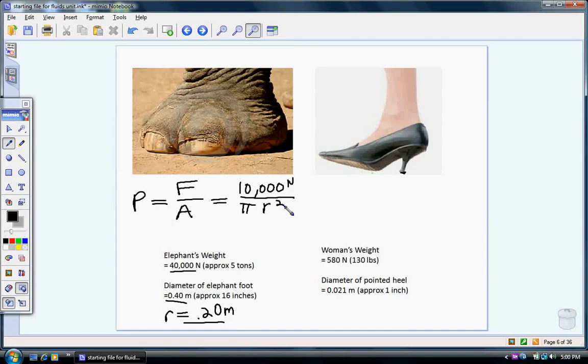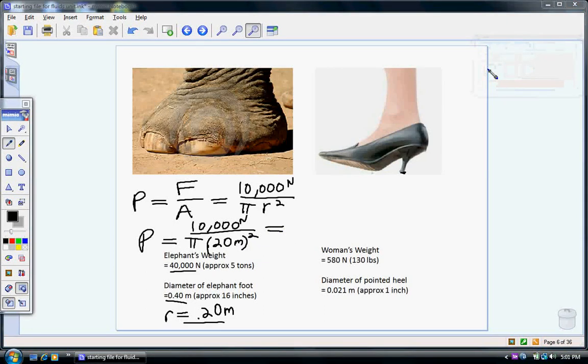So the pressure is equal to 10,000 newtons divided by pi times 0.20 meters squared. Can I get a little help with that calculation?